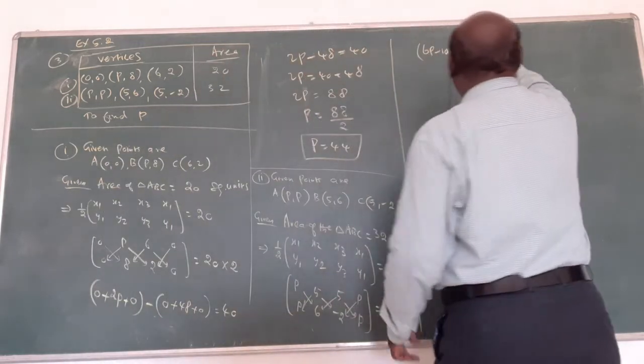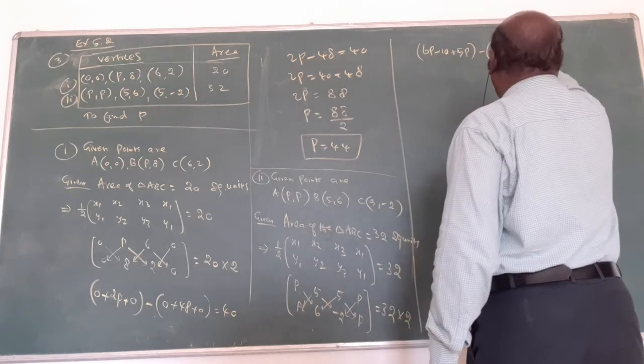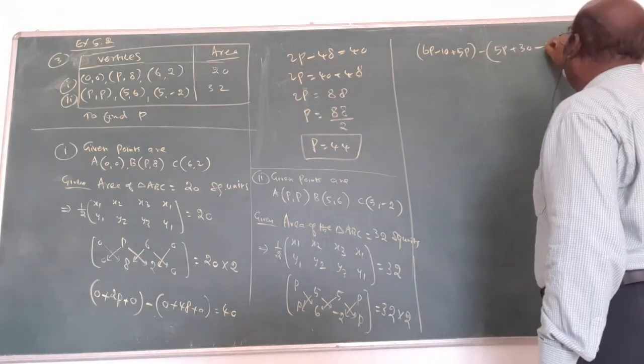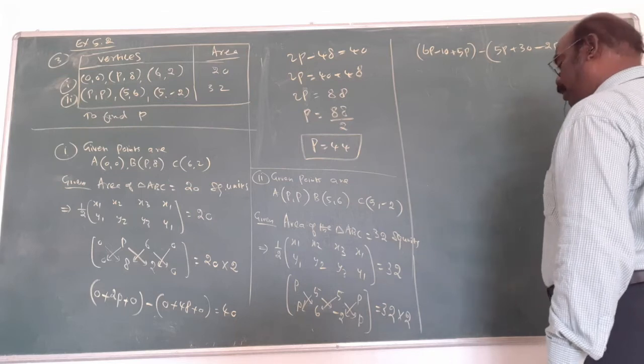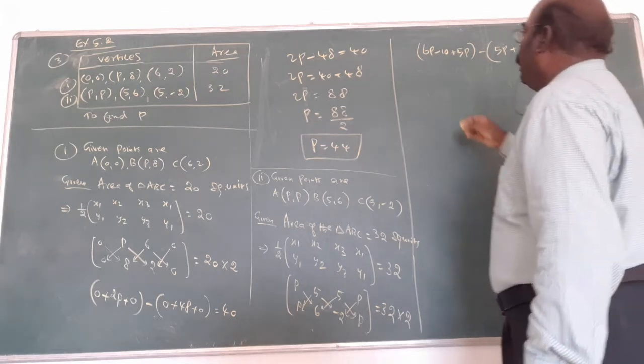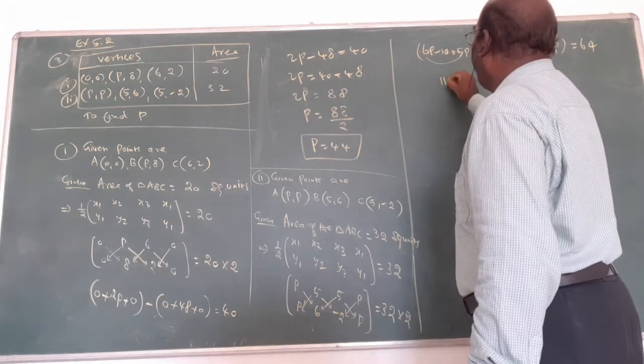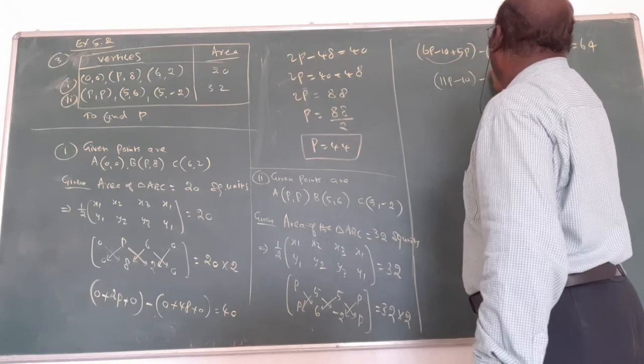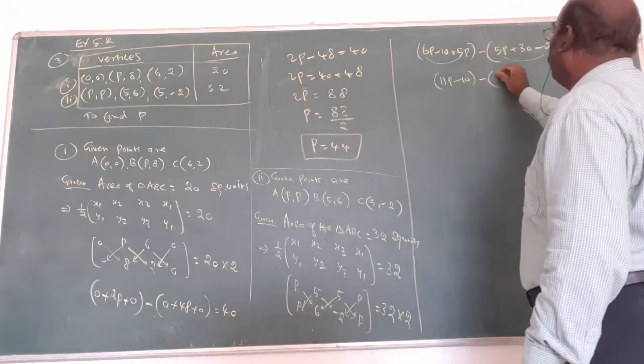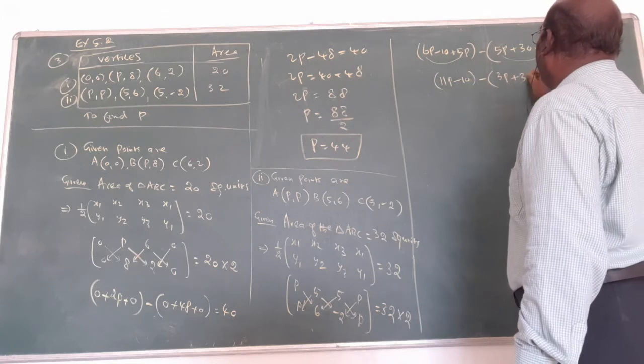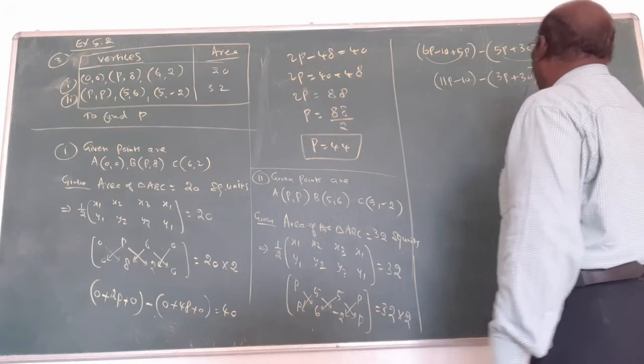So 5p plus 30 minus 2p equal to 64. Now add it up. 11p minus 10. Here, subtract both. 3p plus 30 equal to 64.